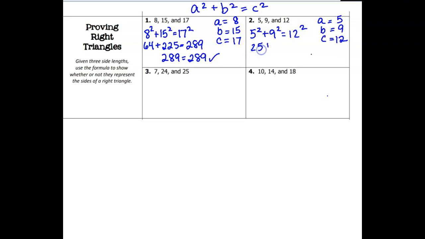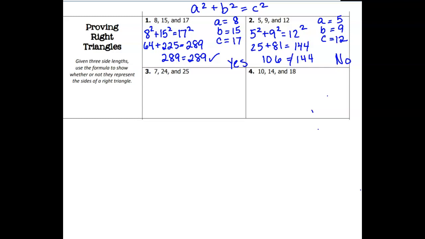Does 25 plus 81 equal 144? In this case, we get 106. Does that equal 144? No, it actually does not. So this one would not be a right triangle. So this is no. The first one was yes.